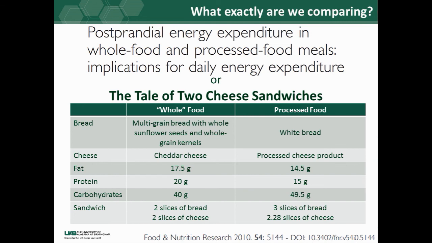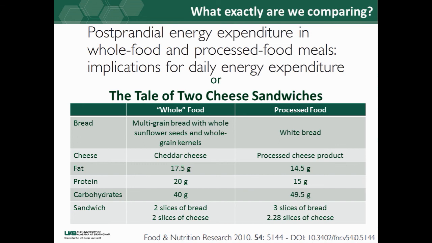But even beyond that, is this representative of all whole food or processed food? So we see that in the one group they used cheddar cheese and the other they used a processed cheese product. But we also have to look at the fat composition's different, the protein composition's different, the carbohydrates are different, and all of those affect postprandial thermal effects of foods.